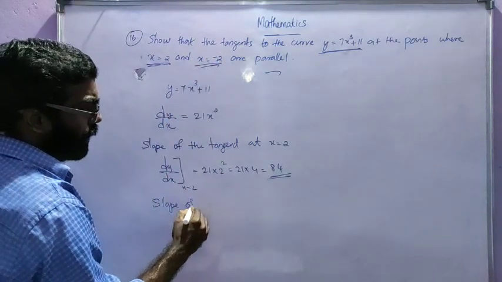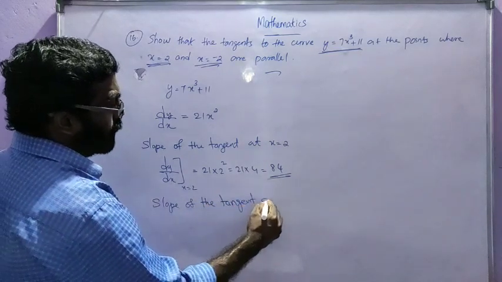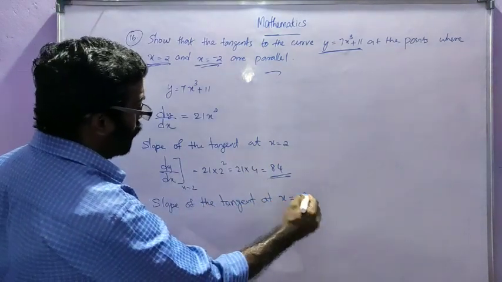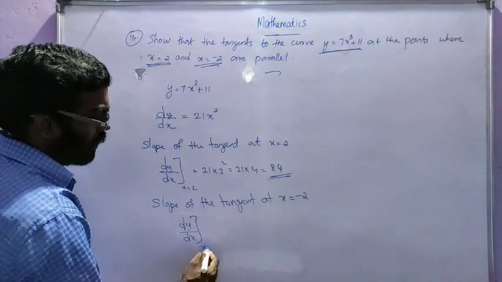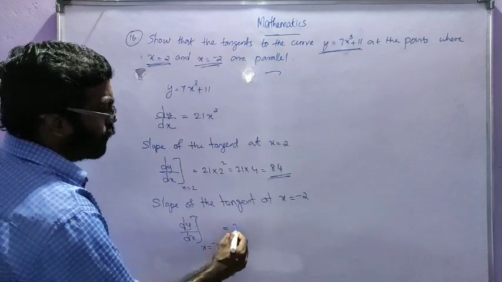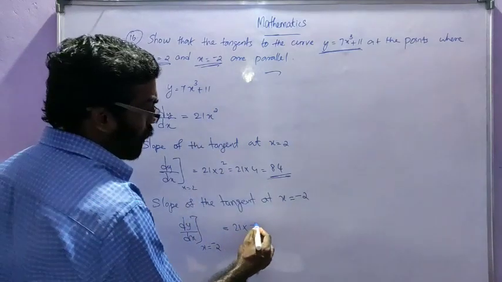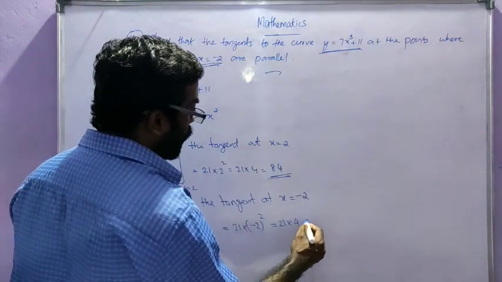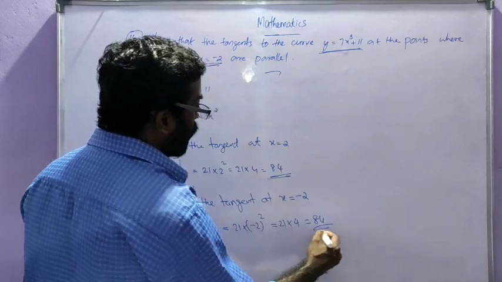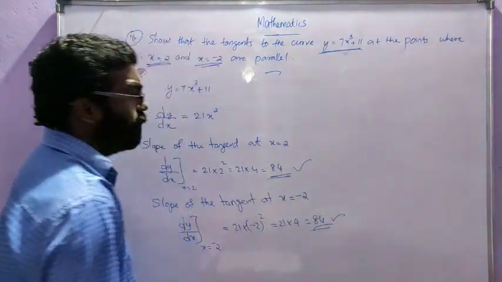So slope of the tangent at x equal to minus 2, that is dy by dx at x equal to minus 2, which is equal to 21 into, instead of x we can replace minus 2, so minus 2 the whole square, that also equal to 21 into 4, which is equal to what? 84. So here we got the slopes same.